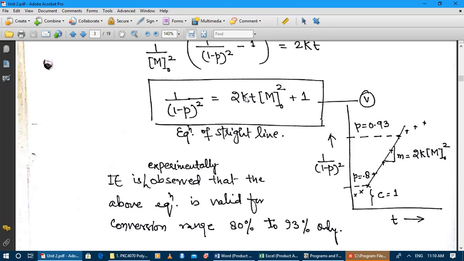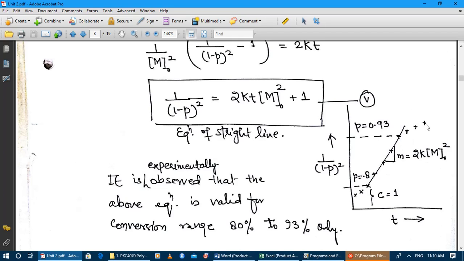The slope m will be 2k M naught square. Here I have written m is equal to 2k M naught square. So we are plotting a graph of 1 over (1 minus P) whole square against time on the x-axis.